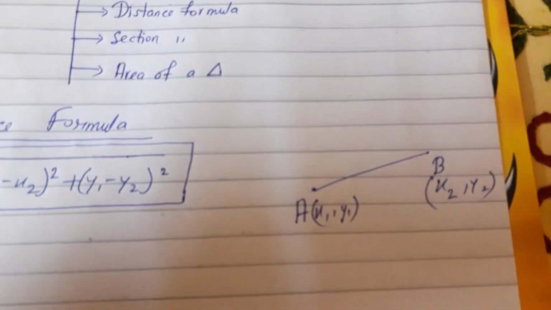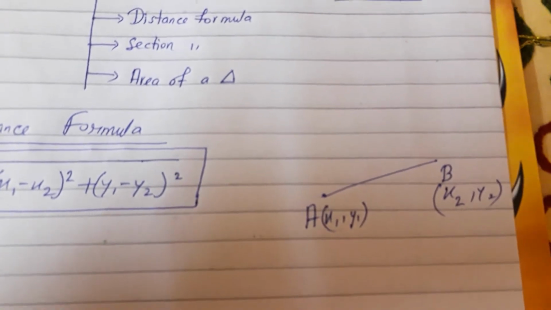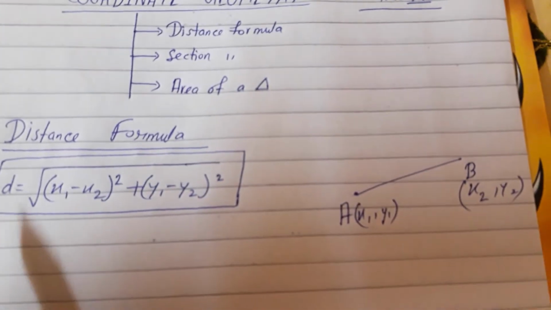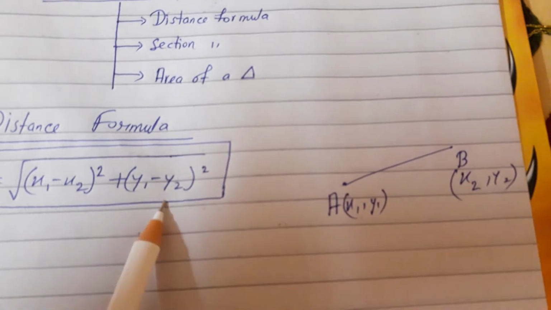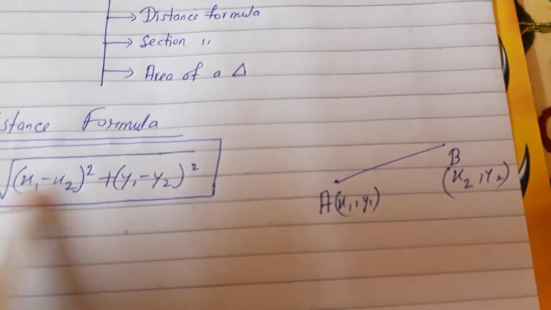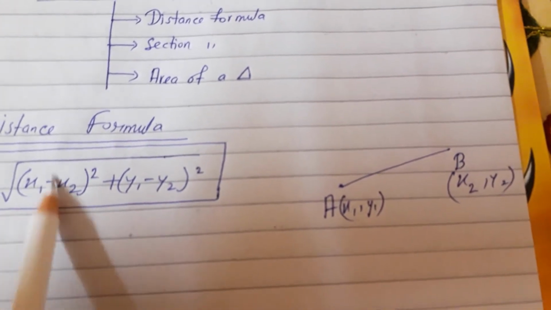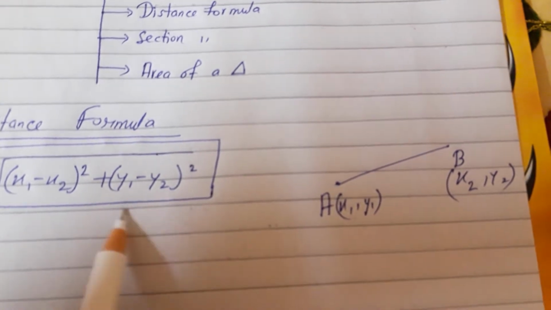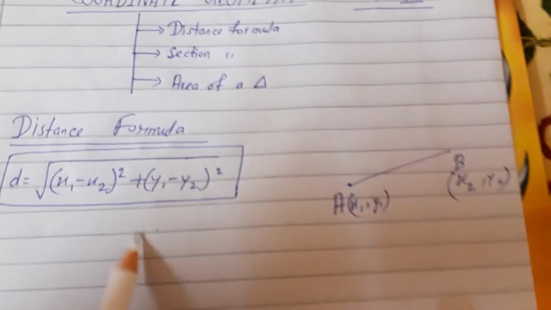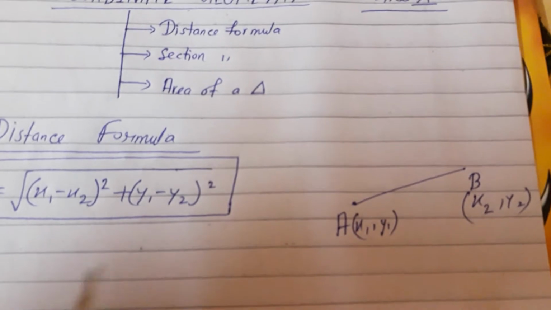If you have to find the distance between A and B, you have to apply this formula: the square root of (x1 minus x2) whole square plus (y1 minus y2) whole square. This is the distance formula. This is a very easy formula.